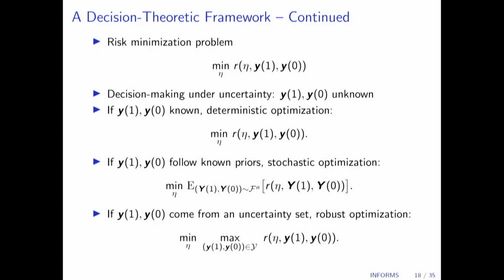And sometimes, because we're talking optimization, the minimax framework sometimes is easier to compute than the stochastic optimization problems. So again, it really depends on our modeling choice of the uncertainty of the unknown potential outcomes.